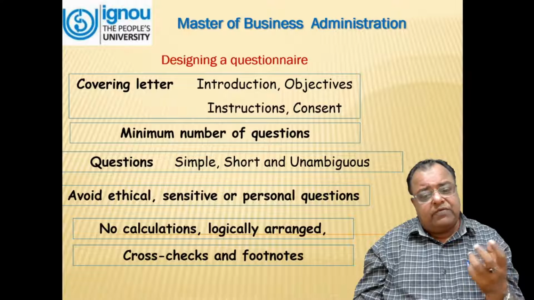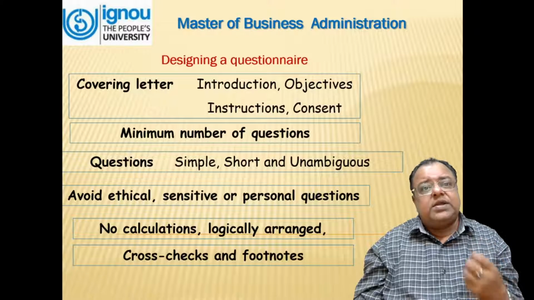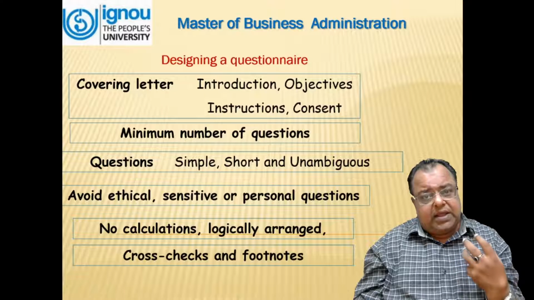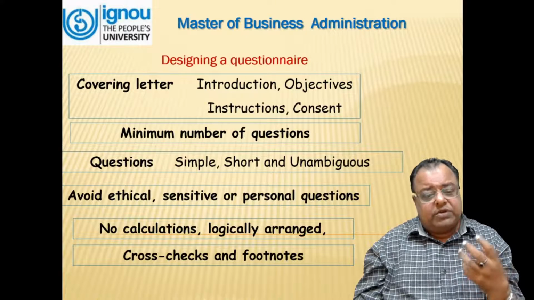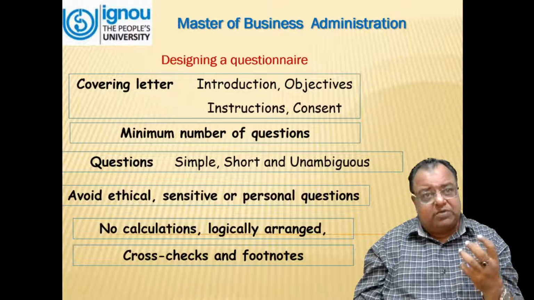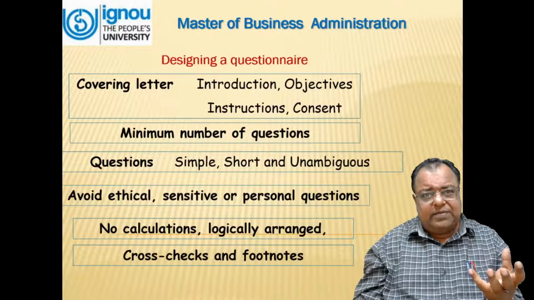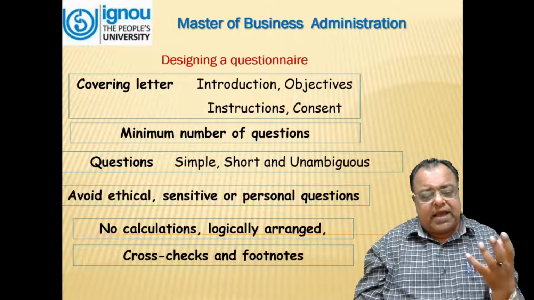And as far as the questions are concerned, the questions should be simple, short, and unambiguous. We should avoid technical, ethical, sensitive, or personal questions. No calculations should be there, and they should be logically arranged.